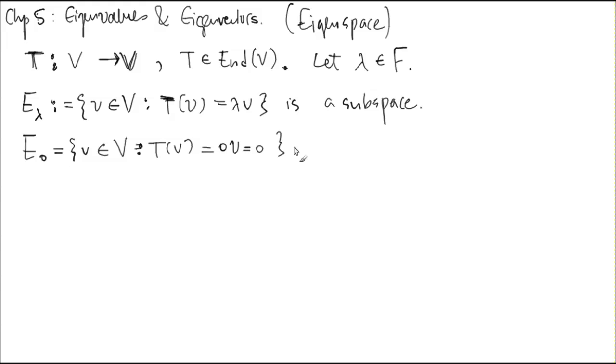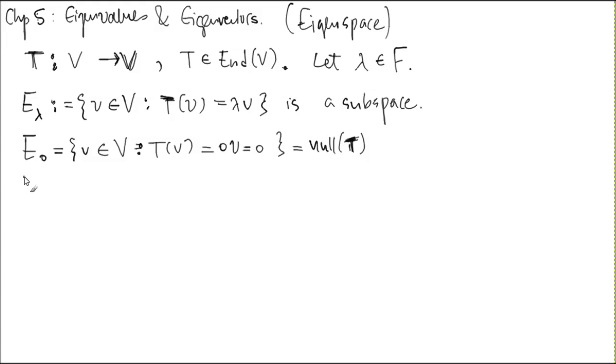Isn't that right? So what is the name for this guy? It's the null space of T. Isn't that right? So I don't know if you saw this or not, the null space of T is really the eigenspace of eigenvalue 0.